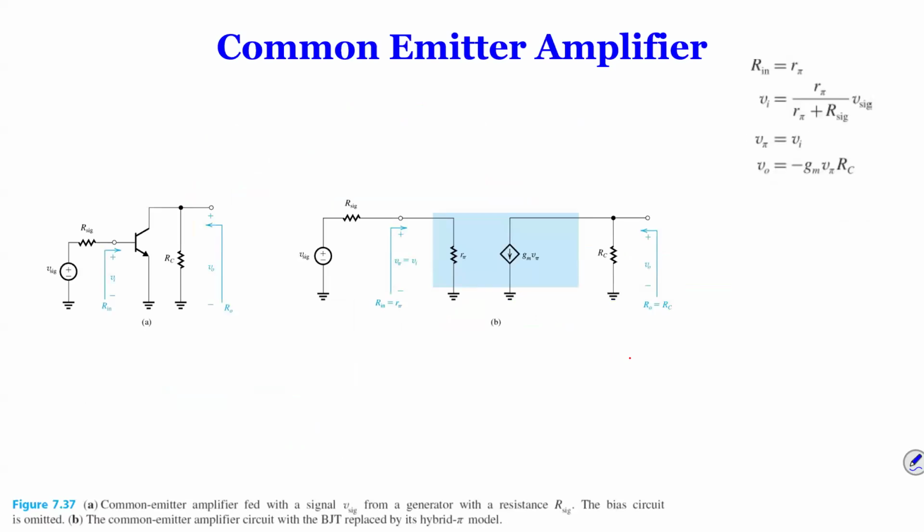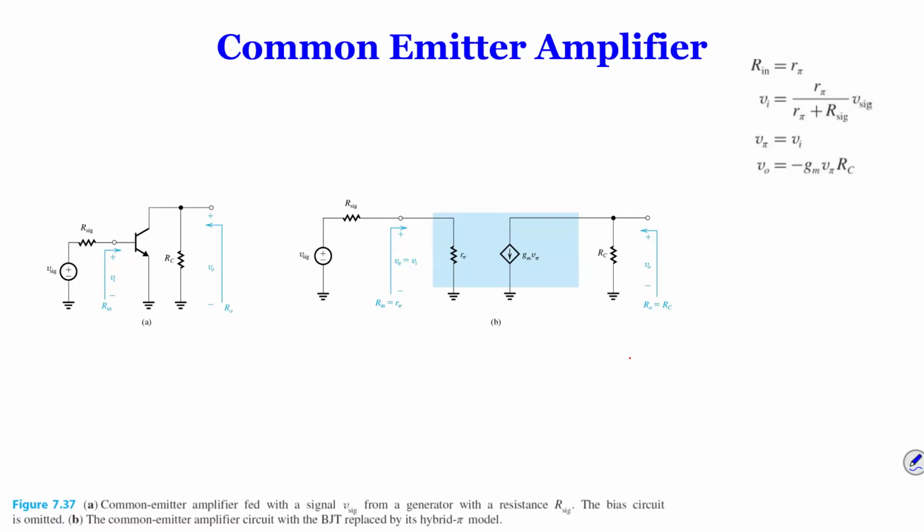Next we're going to go to common emitter. So common emitter is almost identical to the MOSFET common source, but instead it has R pi. We already did the gain.